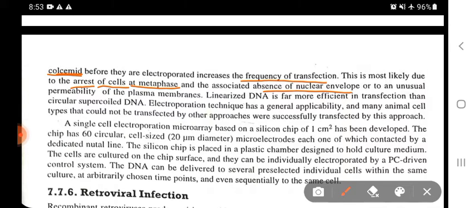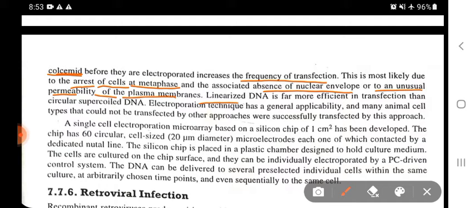So introduction of the DNA through the plasma membrane can be achieved without any disruption of the nuclear membrane, because there is no nuclear membrane present, as the cells are arrested at metaphase.